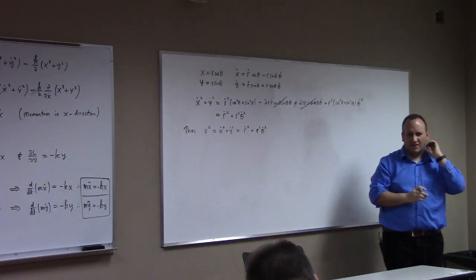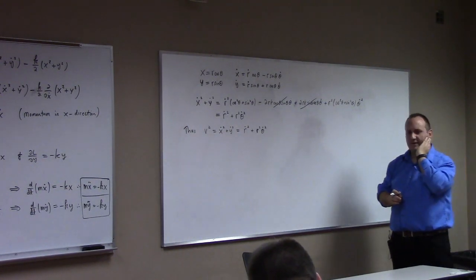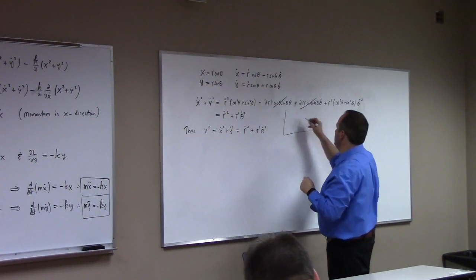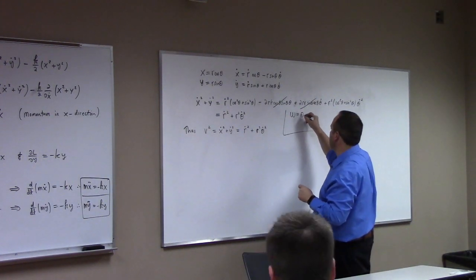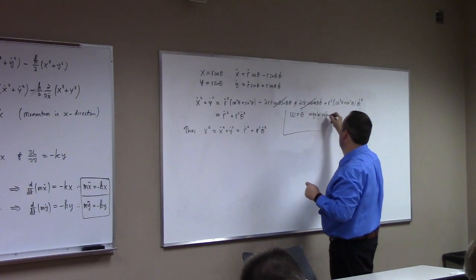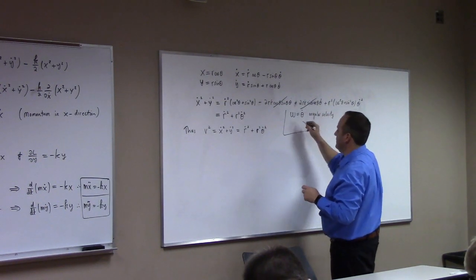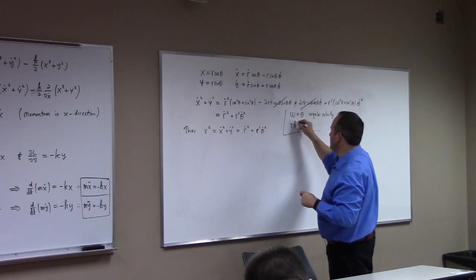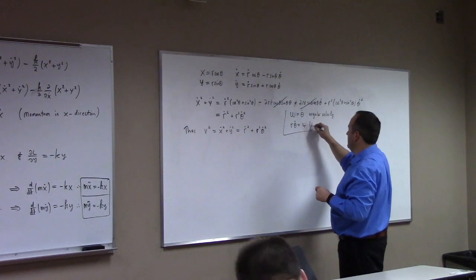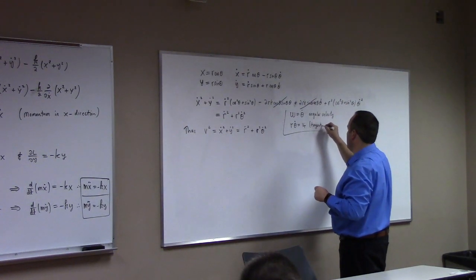You might recognize this more if I wrote theta dot as omega. In physics 231, we often write omega is equal to theta dot. This is the angular velocity, right? So when I write r theta dot, what is that? That is the tangential component to the velocity.